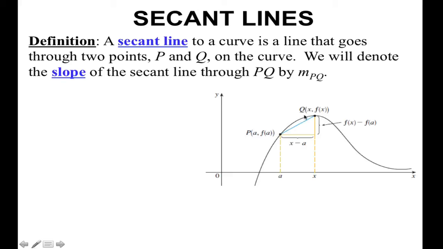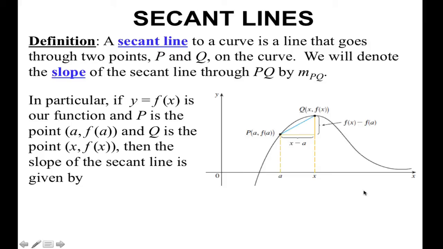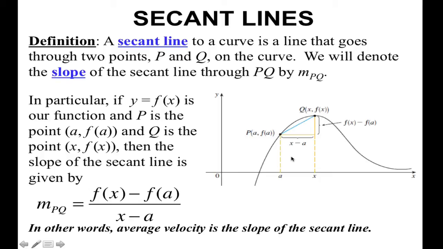So if we are given this lovely graph of some function, where y equals f of x is our function, p is the point a comma f of a, and q is the point x comma f of x, then the slope of the secant line is given by change in y over change in x: f of x minus f of a over x minus a. In other words, average velocity is the slope of the secant line.